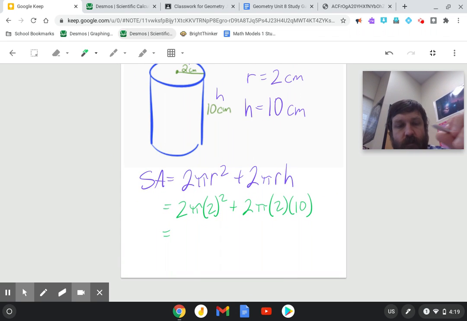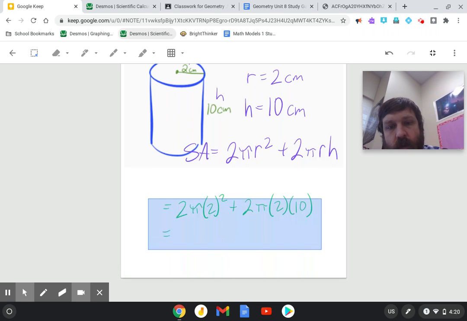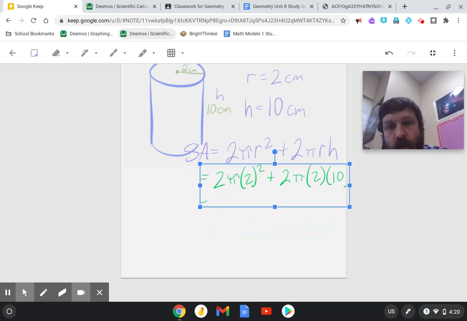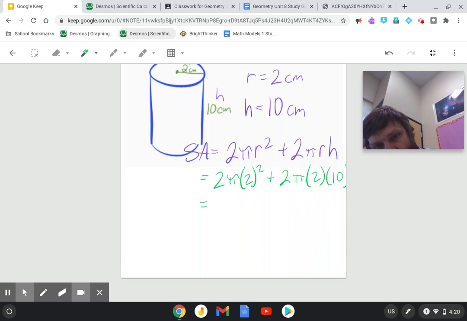Make sure I give myself enough room to work here. Let's move this guy over. So this could be 2 times 2 is 4 times 2 is 8 pi plus 2 times 2 is 4 times 10 is 40 pi.